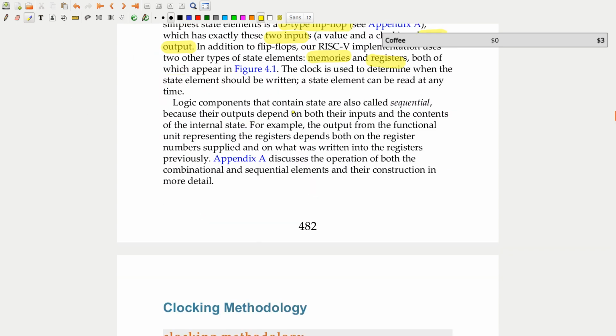So logic components that contain state are also sequential, because their outputs depend on both their inputs and the contents of their internal state. So for example, the output from the functional unit representing the registers depends on both the register number supplied and on what was written into the registers previously. So we can consider the register file a sequential element.